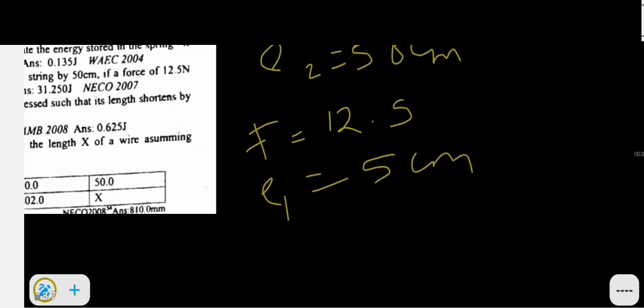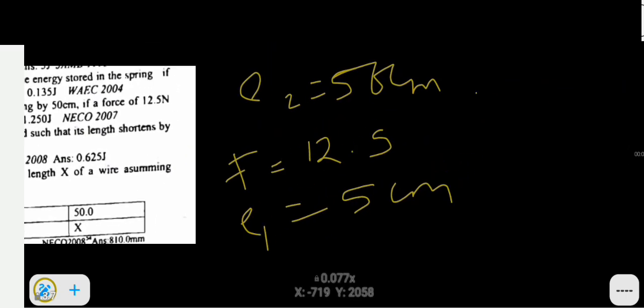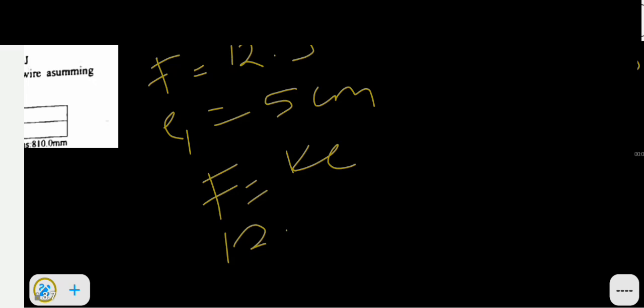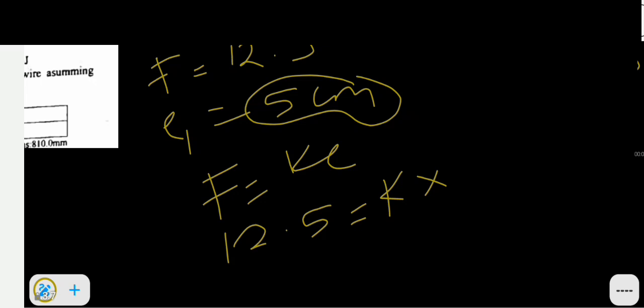Before you can find the work done by this extension, you need to find the value of K first. To find K, you're going to use F equals Ke. So F is 12.5 equals K times 5 cm. You have to convert it to meters first, so you divide it by 100. That will be 0.05.